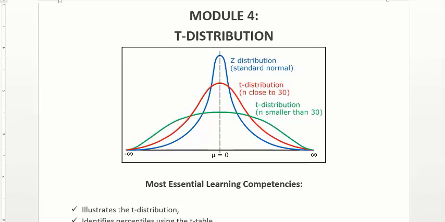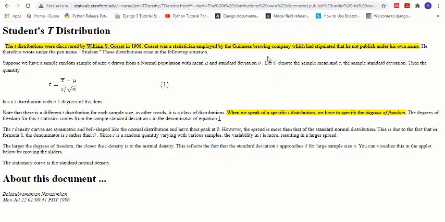It's not in your module, but I would like to discuss this: a little bit of history. Why is it called student's t-distribution? It was discovered by William S. Gossett in 1908. Gossett was a statistician employed by the Guinness Brewing Company, which had stipulated that he not publish under his own name.